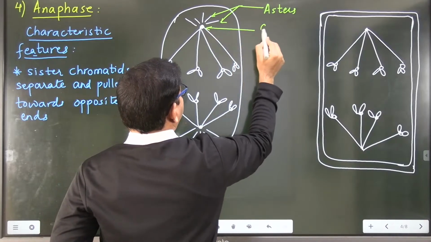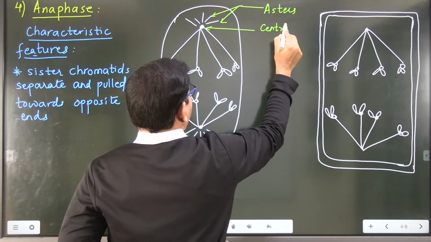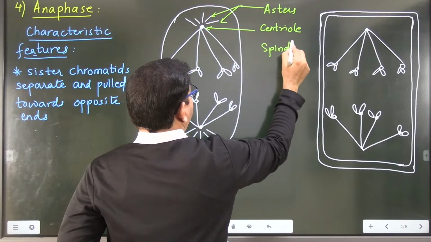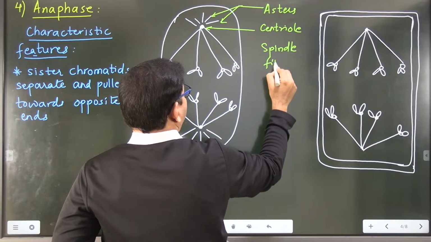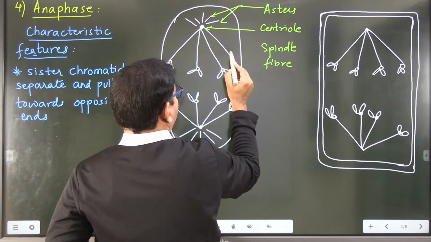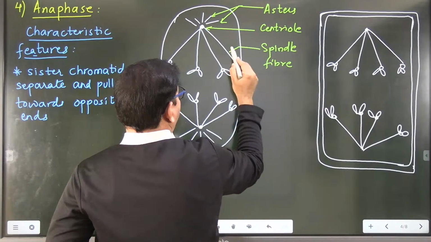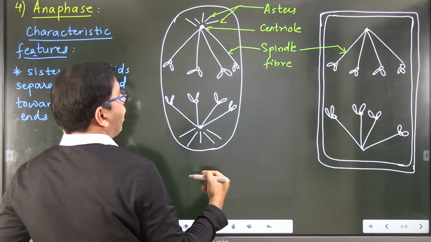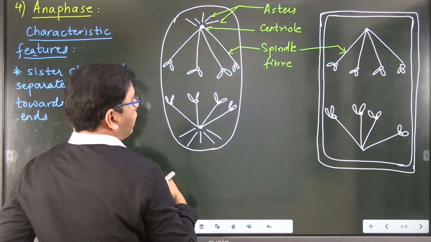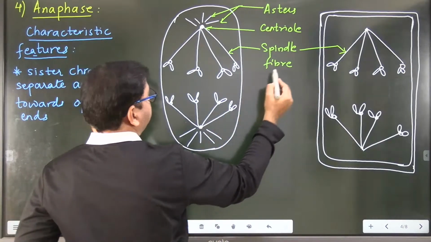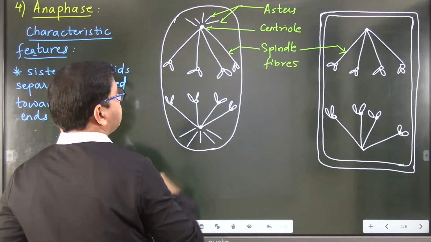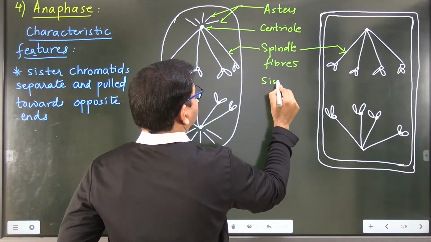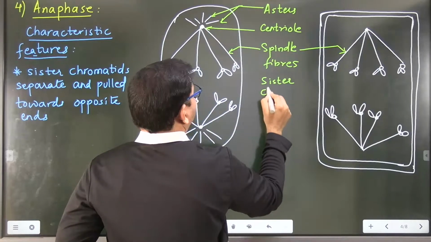Then centriole, spindle fibers, arrow should be towards the part and not towards the name, right? Spindle fibers are present both in plant cell and animal cell. Sister chromatids, sister chromatids.